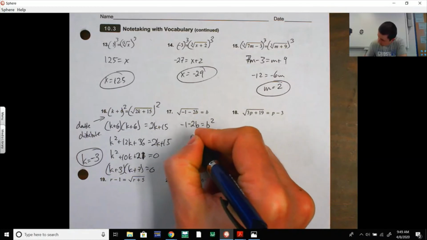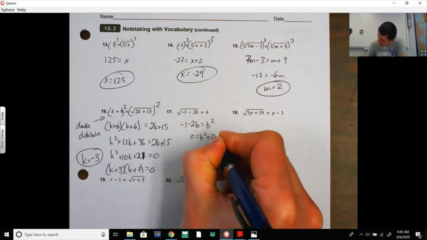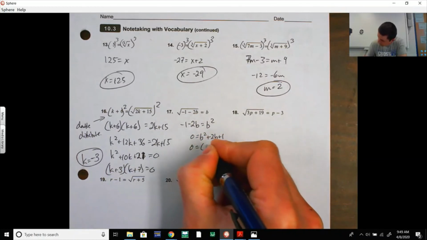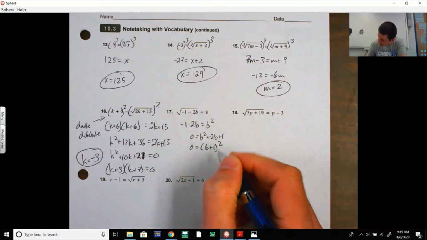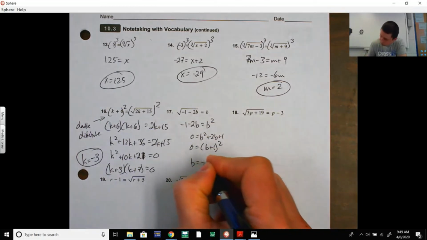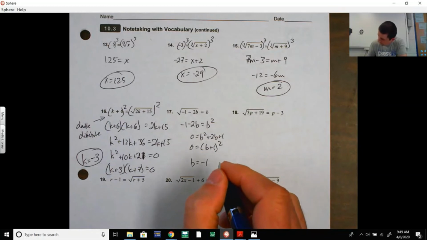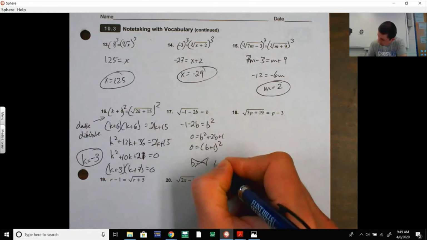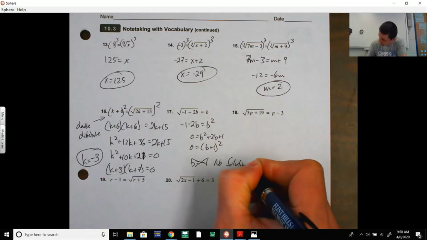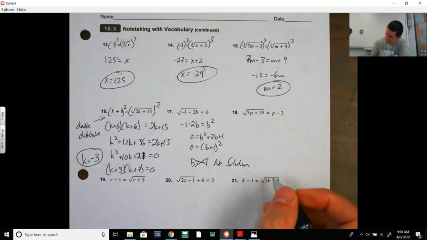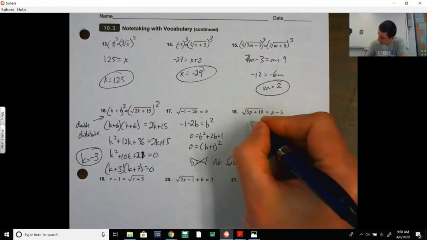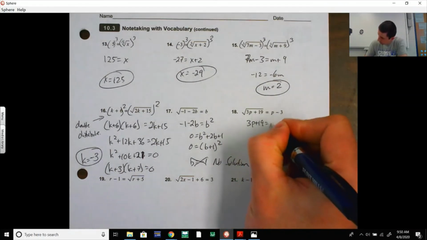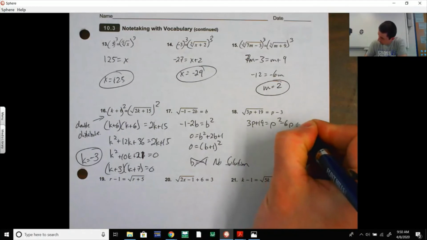So 0 equals b squared plus 2b plus 1. 0 equals b plus 1 squared. Factoring that, b equals negative 1. And when you plug that in, that actually does not work. So this one would have no solution. 3p plus 19 equals p squared minus 6p plus 9.